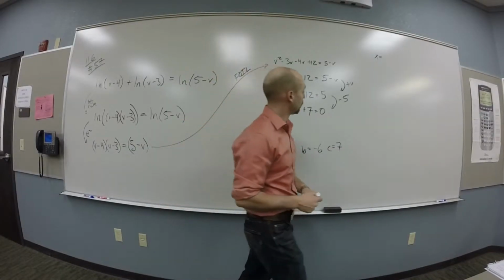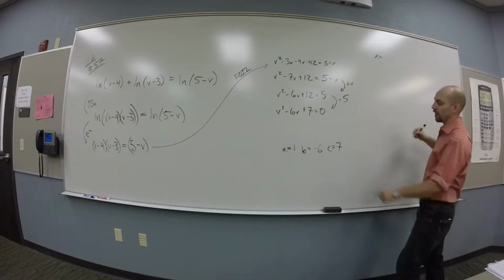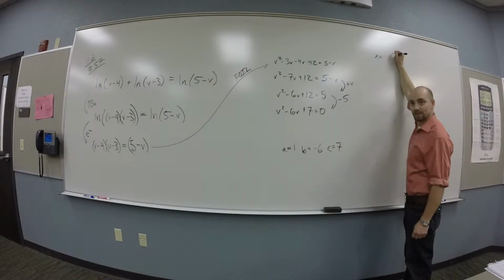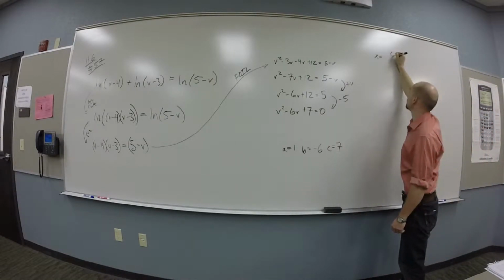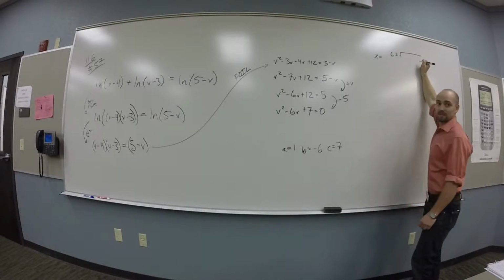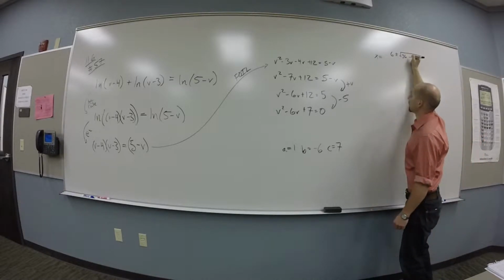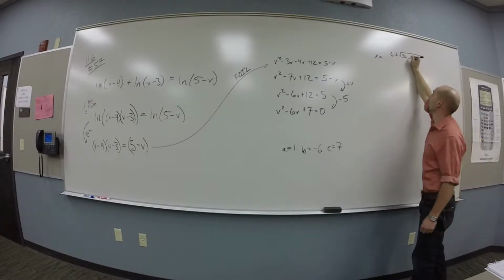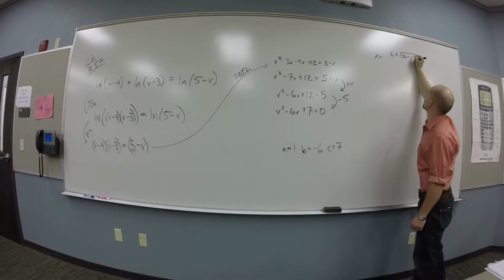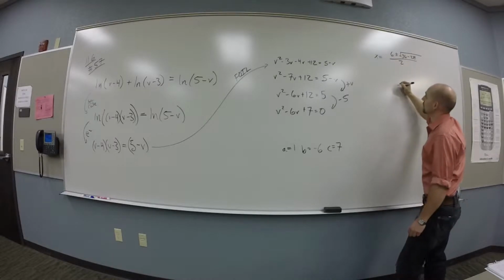Okay, so what did you guys get when you did the quadratic formula to this? Plugging in, I'm hoping for 6 plus or minus negative 6 squared, 36, minus 28, all over 2.